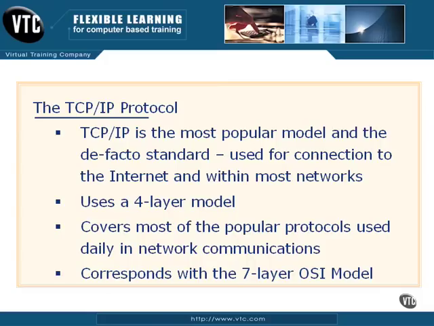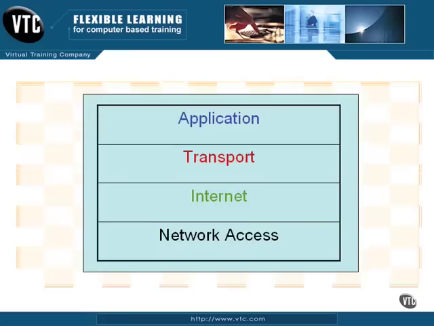And basically, it complies with the OSI way of doing things. You'll find that TCP/IP covers most of the popular protocols used on the internet today in daily and network communications. We'll go over the particular protocols in another session, but some examples would be mail, SMTP, the World Wide Web, HTTP, and so forth. But it does correspond with the 7-layer OSI model, so it's actually very easy to understand, and we'll look at that in just a moment.